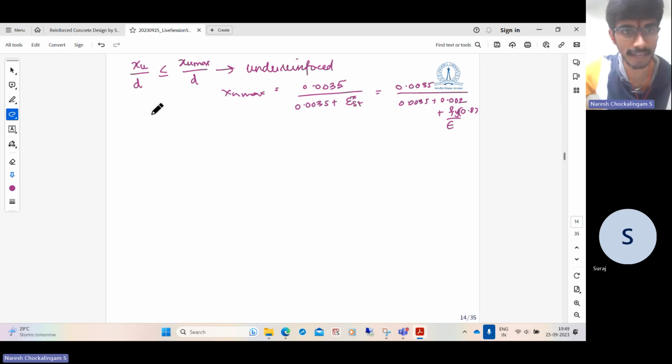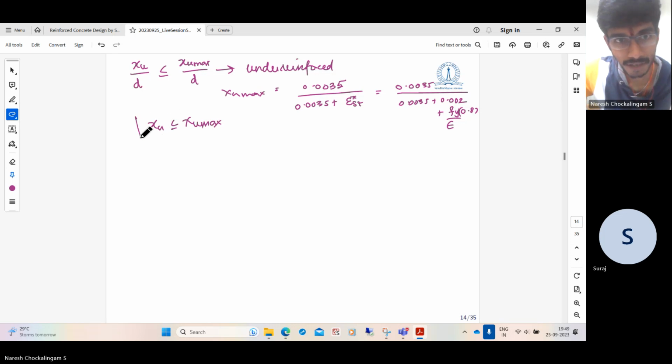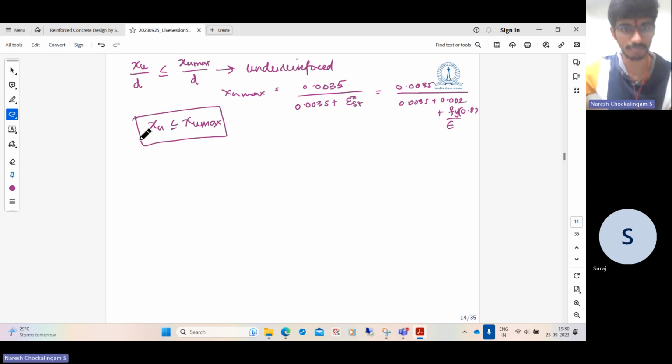In this case, it turns out that XU is less than XU max. Since this section is under reinforced, whatever we assumed is correct.